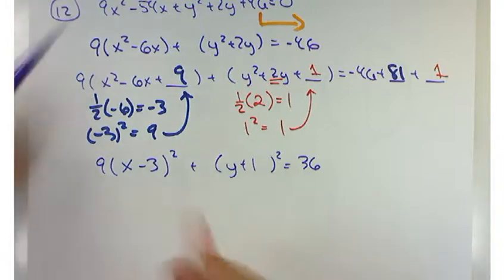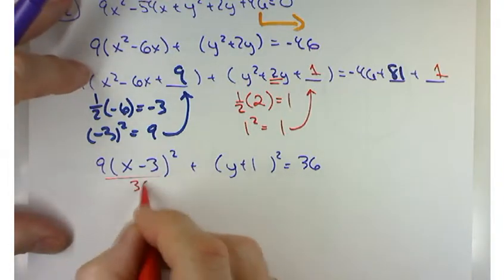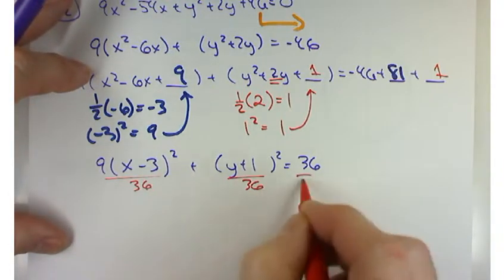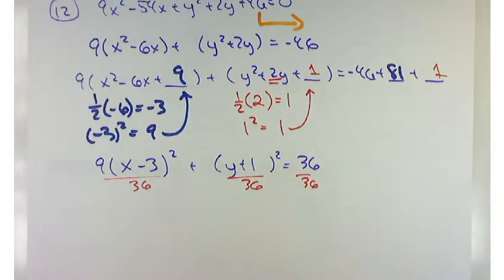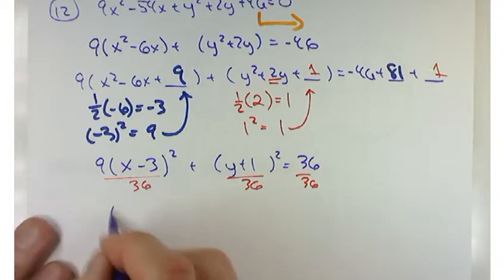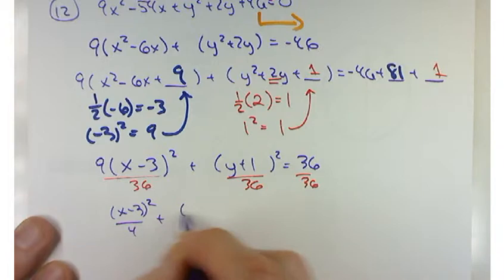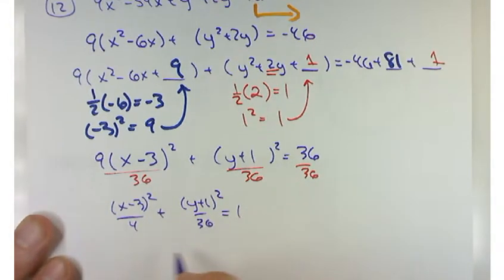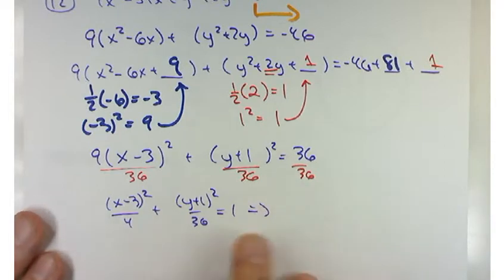And what I would do next is I would divide everything by 36. 9 cancels into 36 4 times, so this is x minus 3 squared over 4 plus y plus 1 squared over 36. And I'd probably tweak that one more time, right?